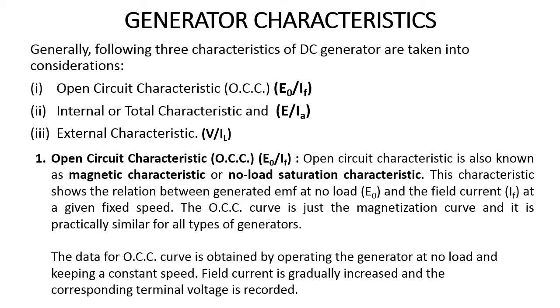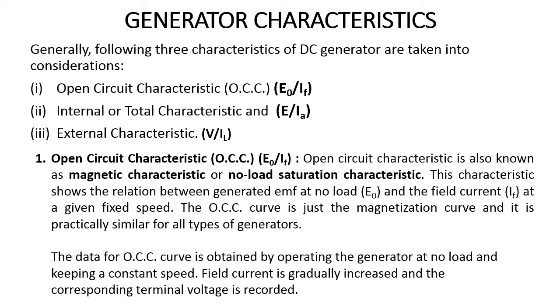This characteristic is drawn between E and IA. IA is armature current, E is the voltage. The difference between E0 and E is the drop due to armature reaction. And the final one is external characteristic. External characteristic is drawn between terminal voltage and load current IL.